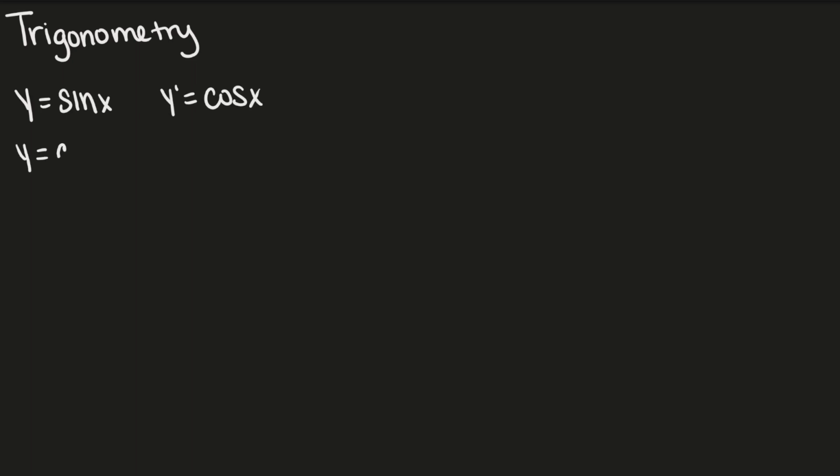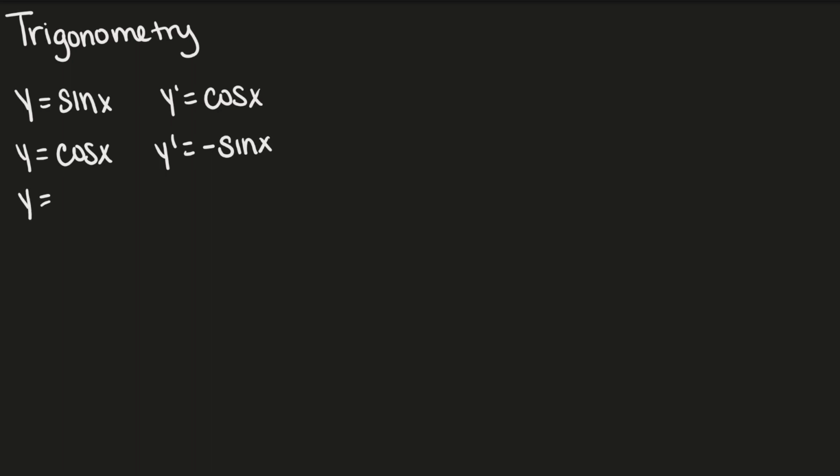Now let's look at our derivatives with our trig functions and our inverse trig functions. Starting with our trig functions, y equals sine x, so the derivative of that is going to be cosine x. When y equals cosine x, the derivative is negative sine x.